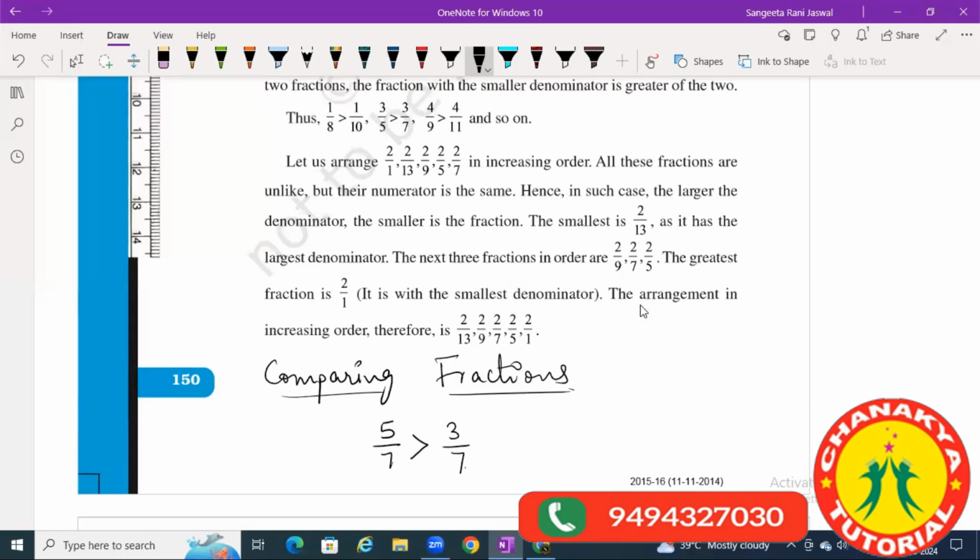When I am given like fractions where the denominators are same, I compare only the numerators, and whichever numerator is big, that fraction is big.